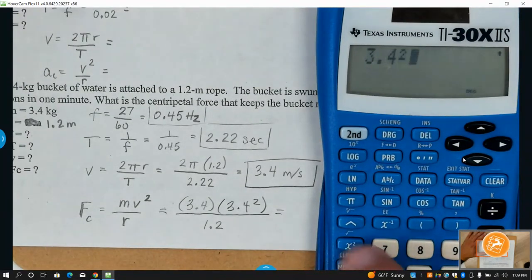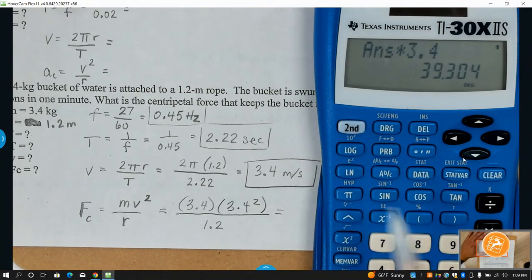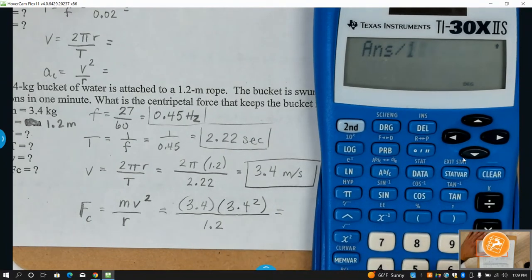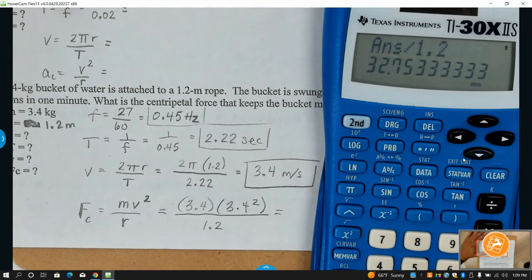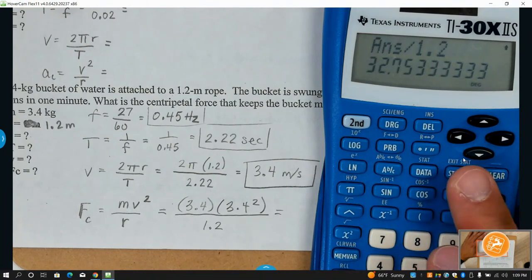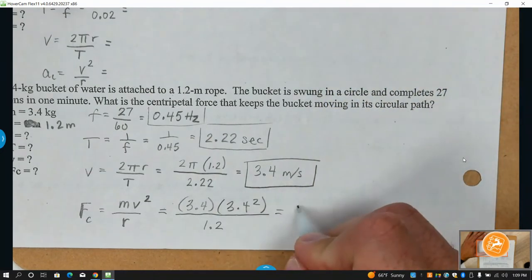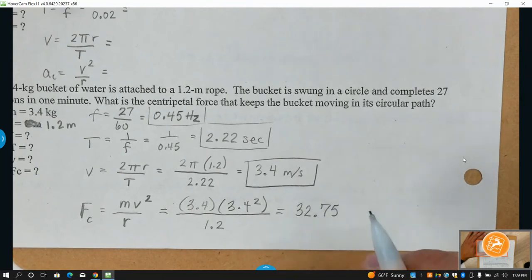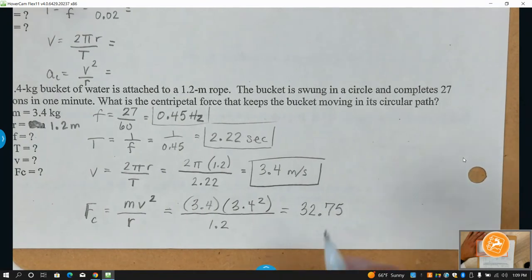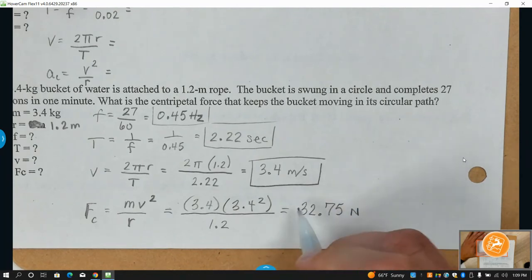So 3.4 squared times 3.4. All right, so that's my top line. Then on the bottom, divide by 1.2. And I get an answer here of 32.75333333. So we'll cut it off at 32.75. And what is the unit for any force? The Newton.